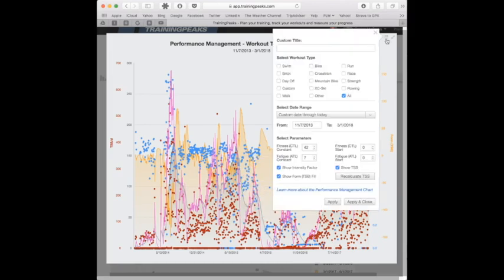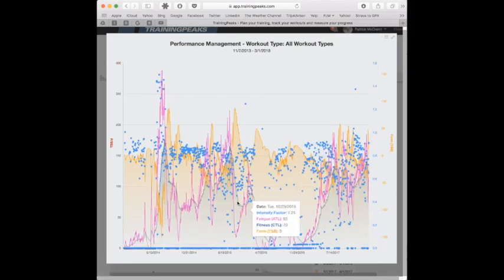Let me take away the red dots so we can just see the blue. So you see they'll drop in season and they'll come up. Depending on the time of year and the work that I'm doing, you'll see this intensity factor dive around. Or when I was injured, etc., a lot of the intensity factors were low. Okay, so that's pretty straightforward stuff.